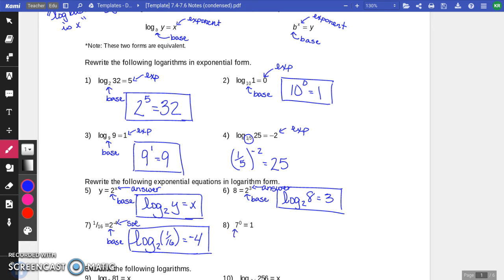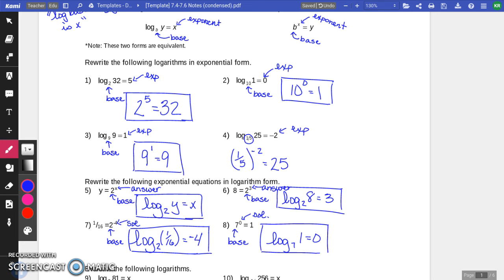Okay, one more of these. 7 to the 0 is 1. 7 is the base of that exponential, so log base 7 of 1 equals 0. Again, that exponent becomes the solution of your logarithm.